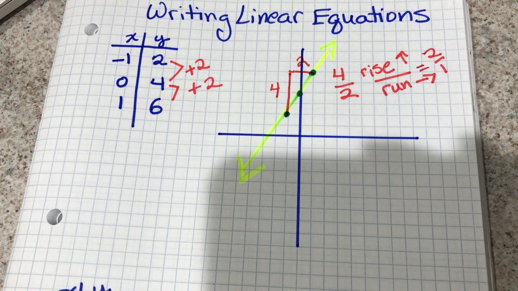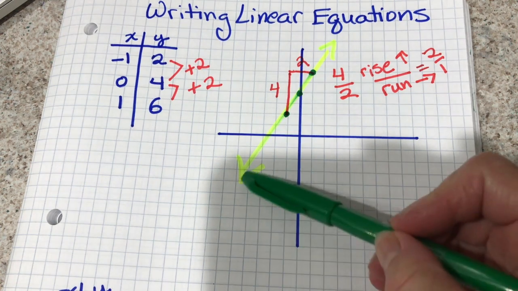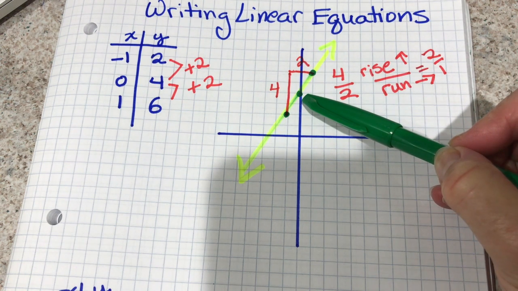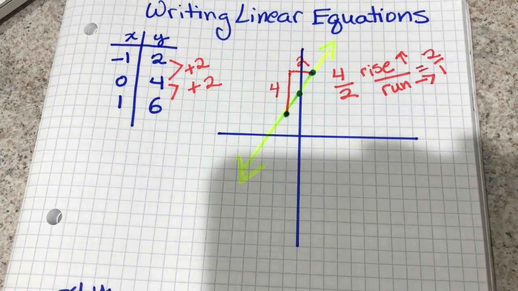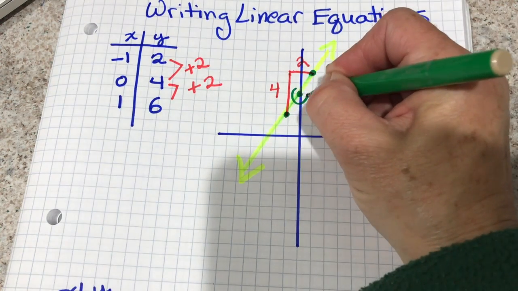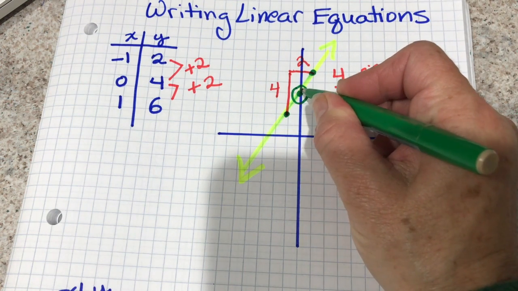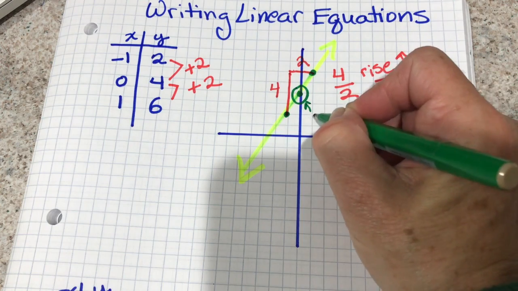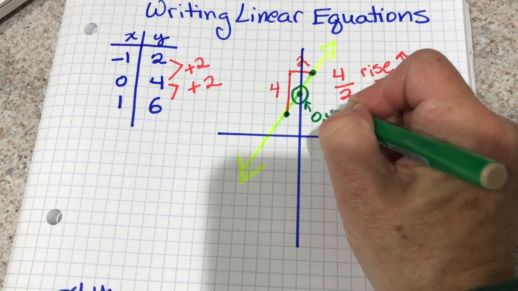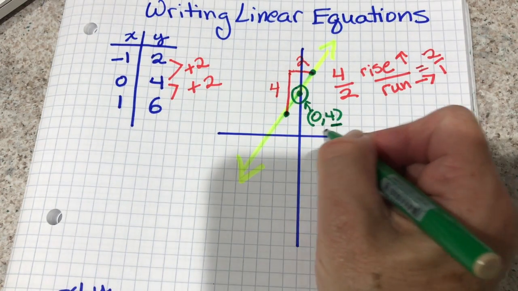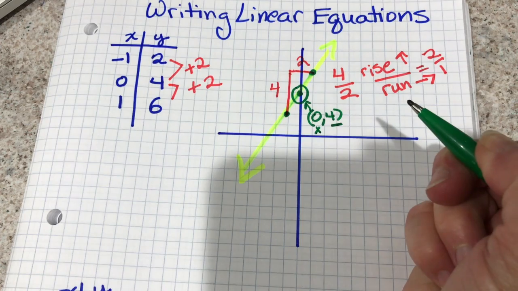The second thing we need to look for is the y-intercept. That's the point where our line crosses the y-axis. And you can see this point right here is our y-intercept. I'm going to circle that point, and we see that point is 1, 2, 3, 4. That point would be located at (0, 4), making 4 the y-intercept because x is 0.